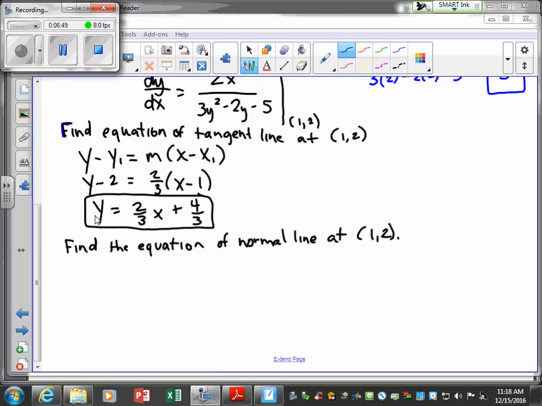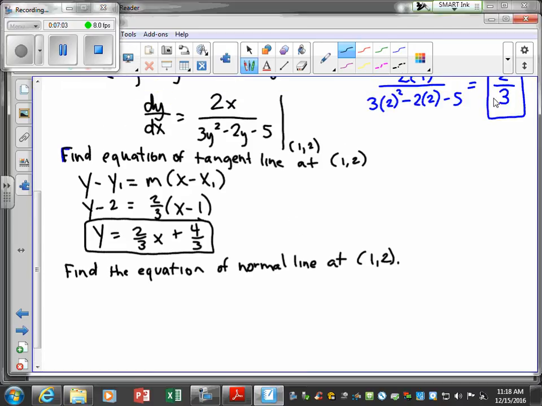Okay, this is the first time we've seen this. Once we find the equation of the tangent line at that point, we can also be asked to find the equation of the normal line at that point, which is basically perpendicular. So if my slope is 2/3, and I plug that in to get the equation of the tangent line, to find the normal line, what would be the opposite, the perpendicular to this?